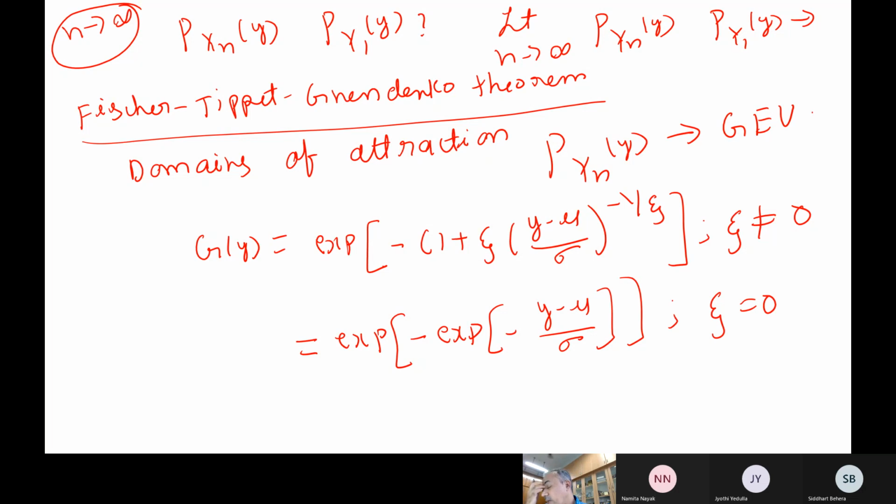Mathematically one can prove that this P(Y_n), as n becomes very large, whether the original data is normal, exponential, binomial, or whatever it may be, finally boils down to this type of distribution, which they call the generalized extreme value distribution. Here mu is the location parameter, something like a mean.